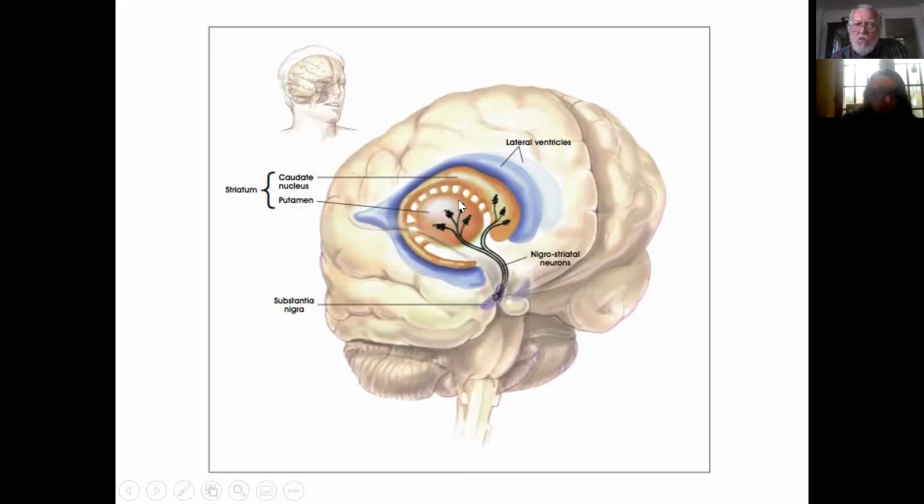The nigrostriatal tract projects forward up into the caudate nucleus and the putamen. So the dopamine input going into the basal ganglia goes into the caudate nucleus and the putamen, or into the neostriatum.